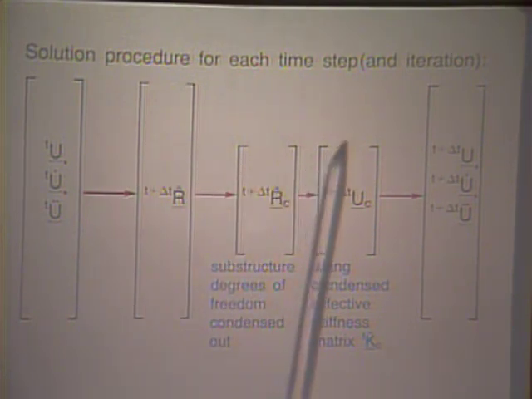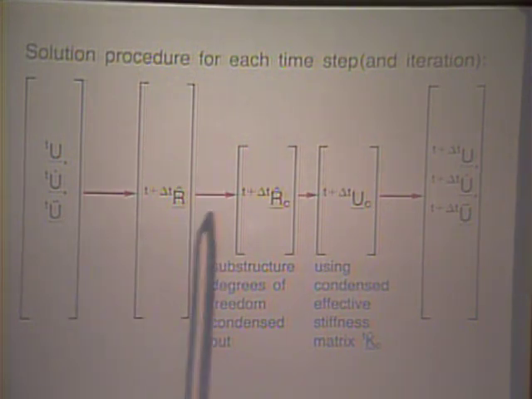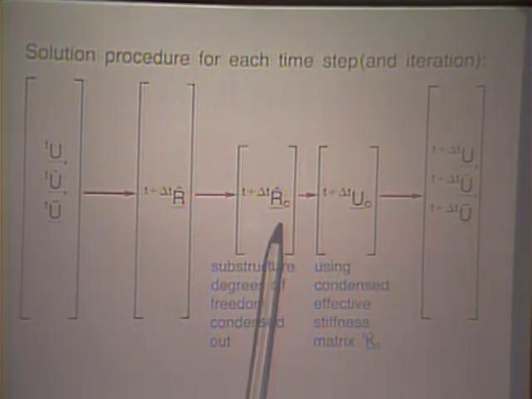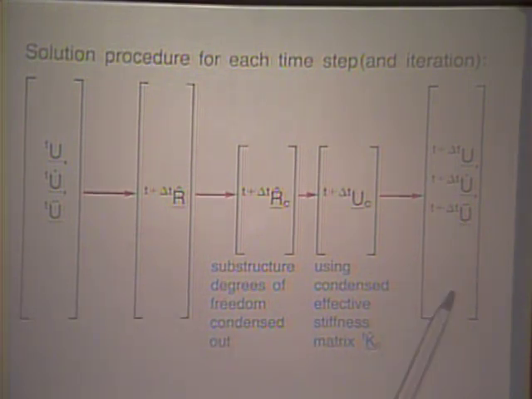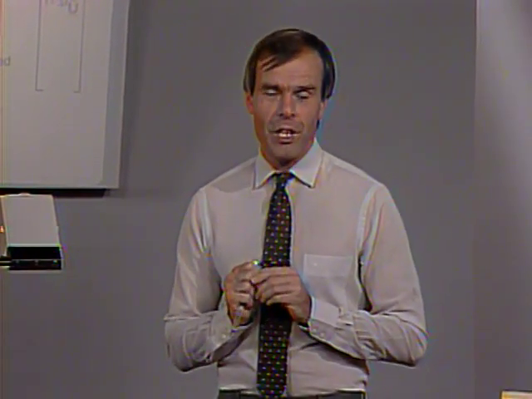If you iterate, as we usually do in nonlinear analysis, of course, then you would have to also introduce the iteration counter here in these vectors. Notice that using this solution procedure, we get the same results as if we had not performed the substructuring.